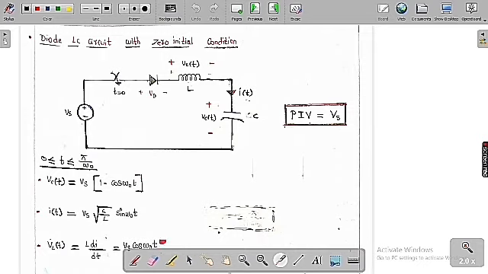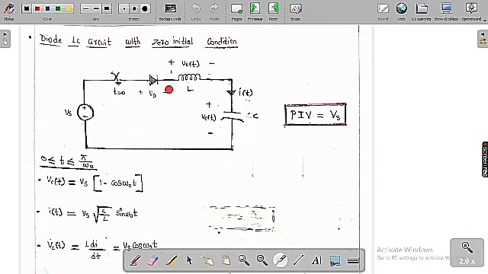So these are the three expressions we are going to get if we keep Vc naught equal to 0 in the general expressions. You can see clearly, current is going to become negative when omega naught t is equal to pi. After that the current is going to become negative. But current cannot be negative because the diode will get open when the current is negative.